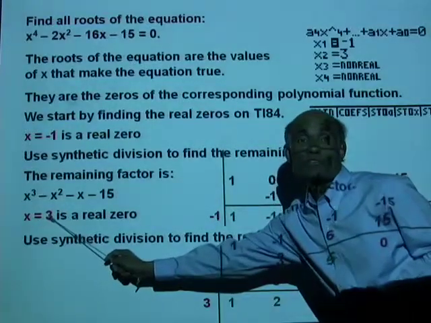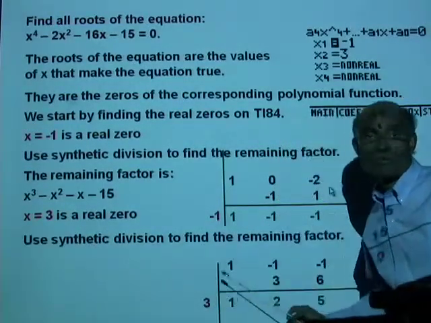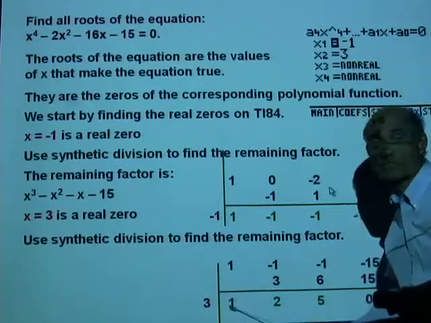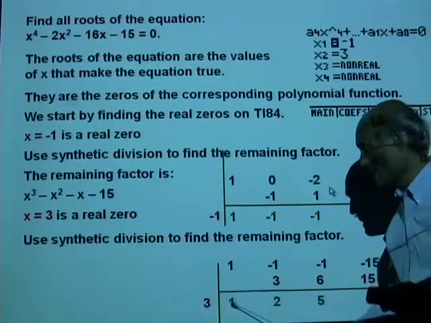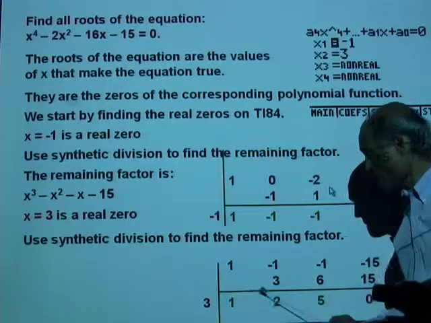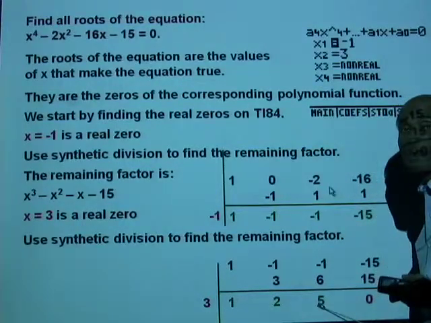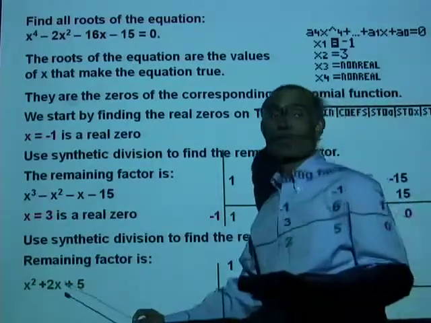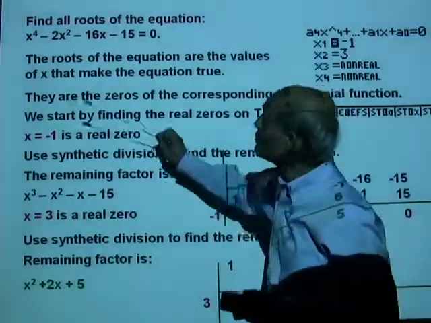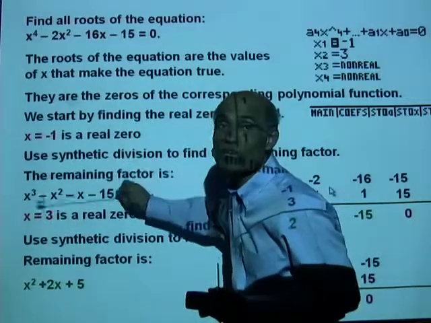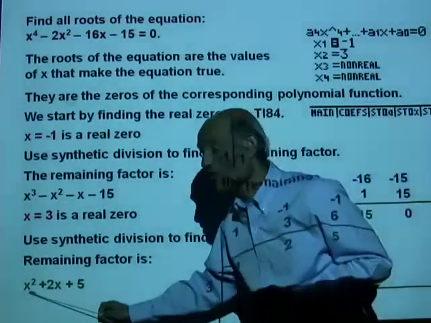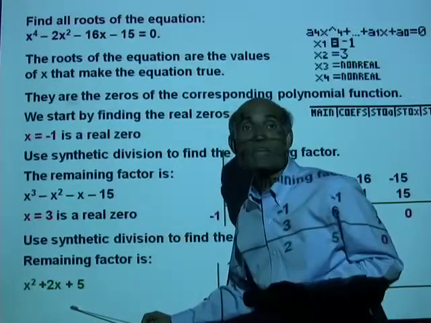When x equal to 3 is a zero, we get the remaining factor. What's the remaining factor? You must be able to read it quickly now. It will be x squared plus 2x plus 5 is the remaining factor. There you are. So, using the two given real zeros by doing the synthetic division, we have now arrived at the remaining factor.